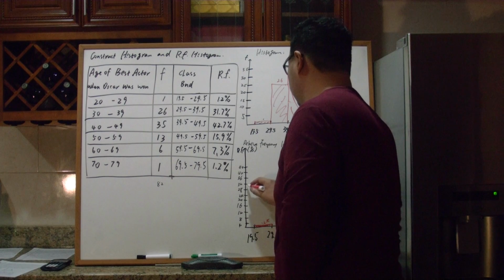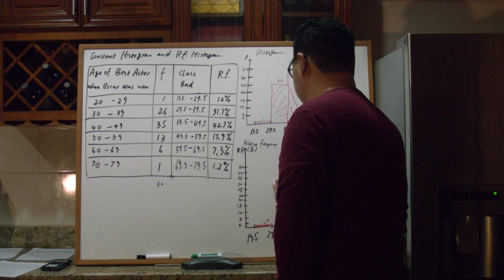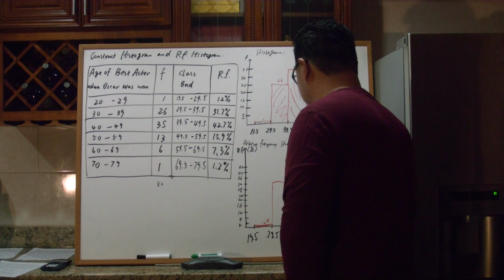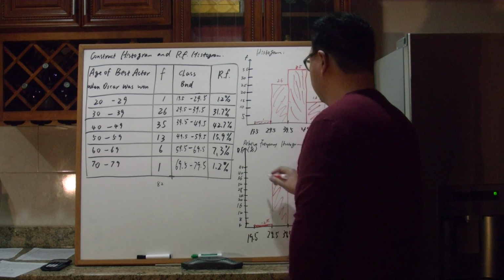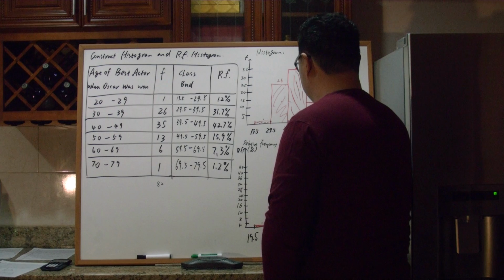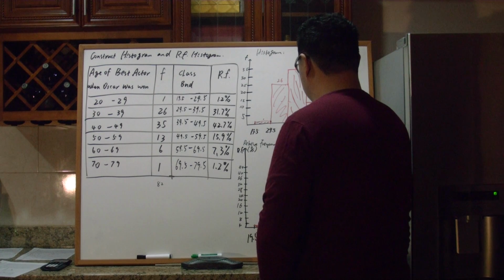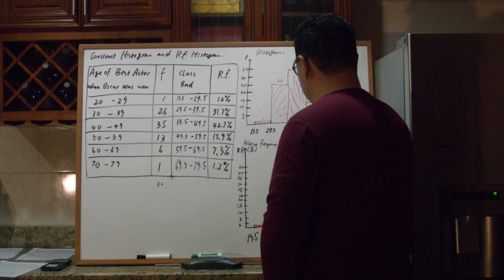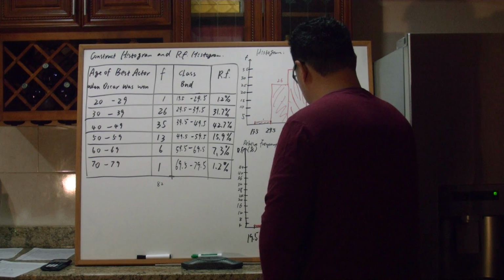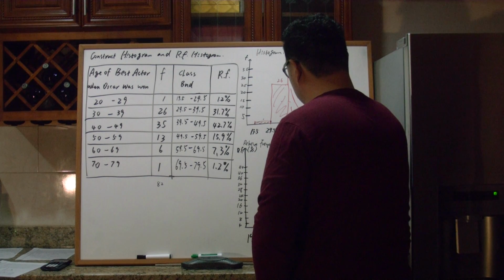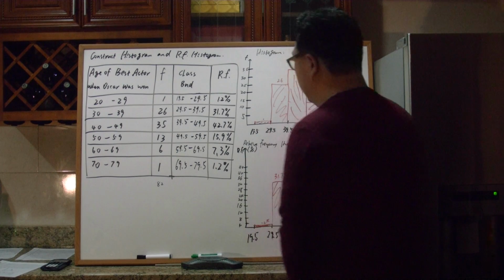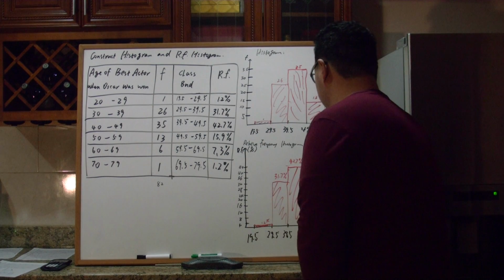The next one goes to 31.7, which is almost 32. Then the next goes to 42.7. The next class is 15.9%, almost 16.